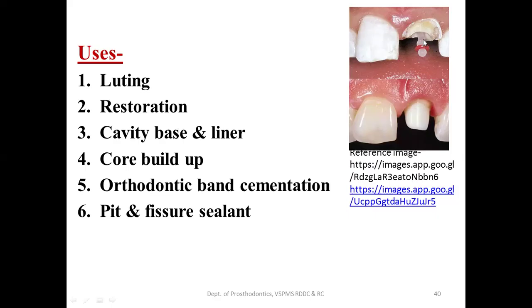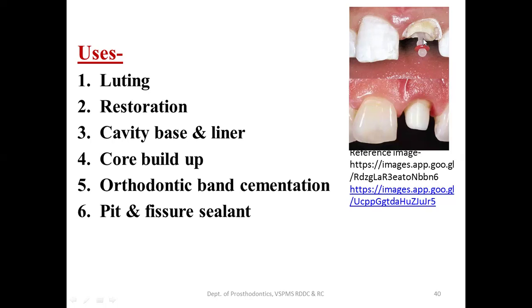So in this case, after the root canal treatment, a post is put in the root canal. It is coated with the cement and cemented in the tooth root, and above this it is cut, over which a crown is made with the help of the glass ionomer cement or a composite resin cement.